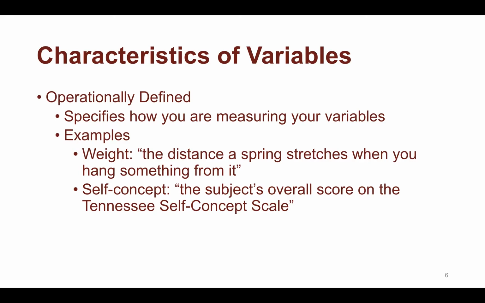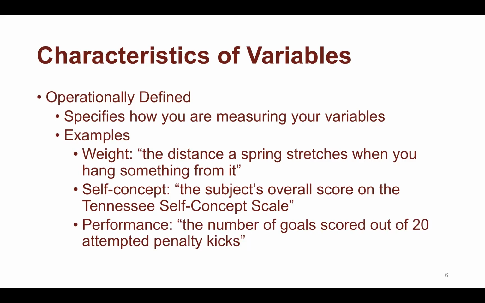So often operational definitions refer to the specific questionnaire or measuring device that is being used to measure that variable. I might measure performance, which is obviously a really vague variable unless I operationally define it. Here, I might define it as the number of goals scored out of 20 attempted penalty kicks.